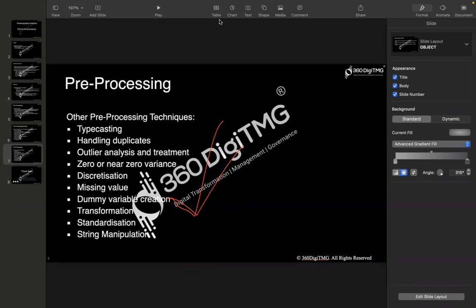So a dummy or indicator variable is an artificial variable created to represent an attribute with two or more distinct categorical levels.